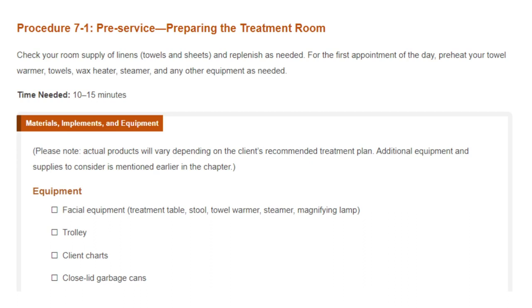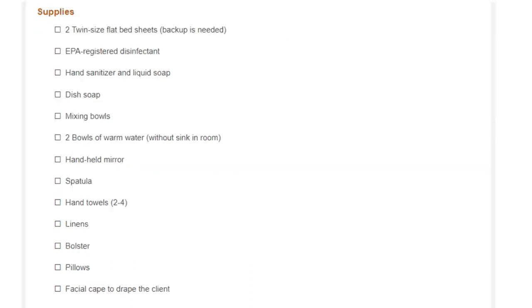Equipment: facial equipment, treatment table, stool, towel warmer, steamer, magnifying lamp. Trolley: client charts, close-lid garbage cans. Supplies: 2 twin-size flat bed sheets, backup is needed. EPA-registered disinfectant.